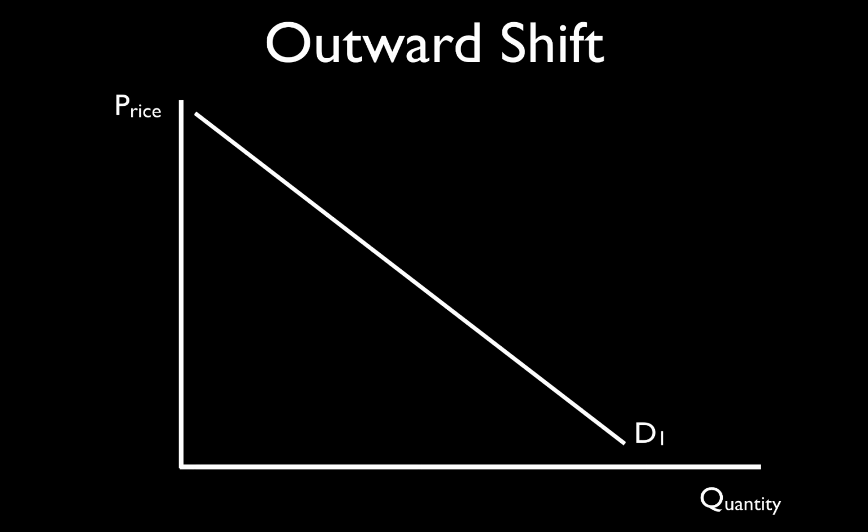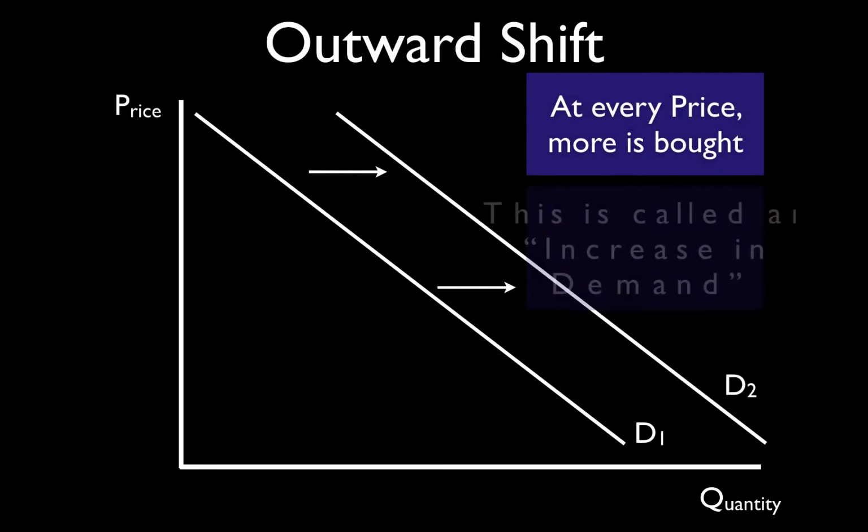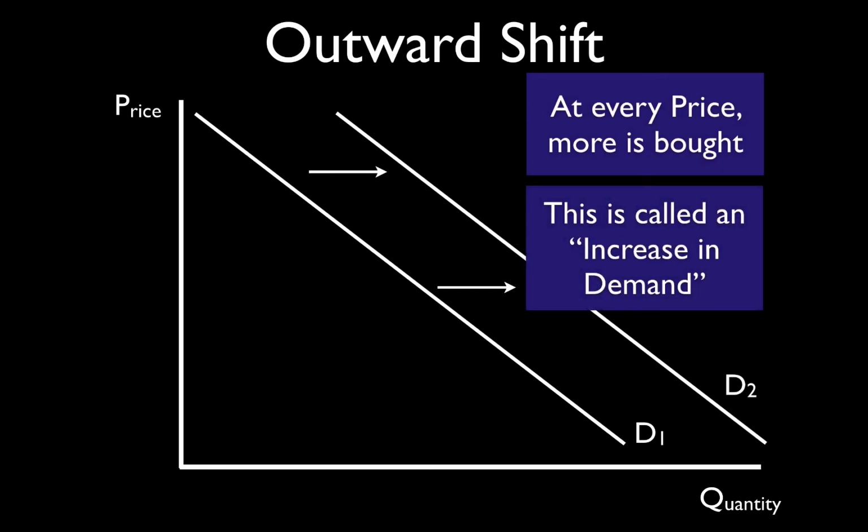So to remind ourselves what changes in non-price determinants do, they cause a shift of the demand curve. So the demand curve will either shift out. An outward shift of the demand curve means that at every price more is bought, and this is called an increase in demand, not an increase in quantity demanded, because only a change in the selling price of the good itself can cause a change in quantity demanded.